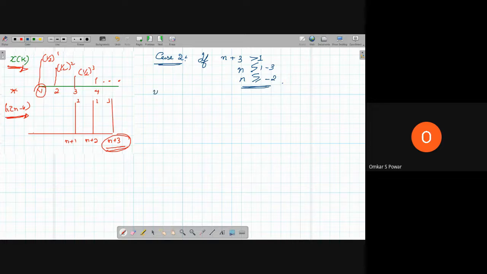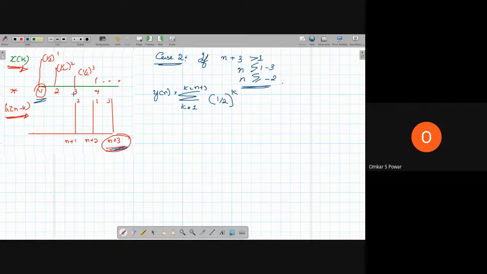So what is y of n? x of n convolution h of n, summation k varies from, what is the range? From 1 to n plus 3. What is the value of x of k? Half power k, because x of k.